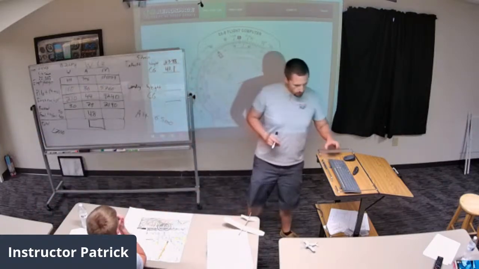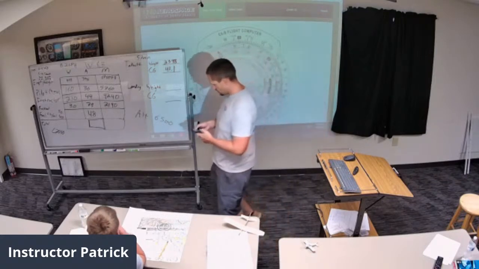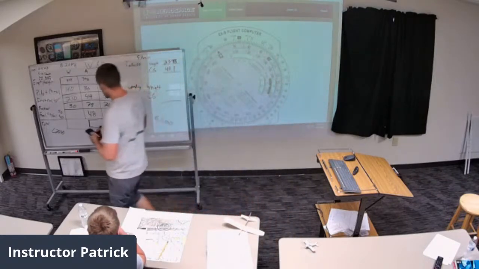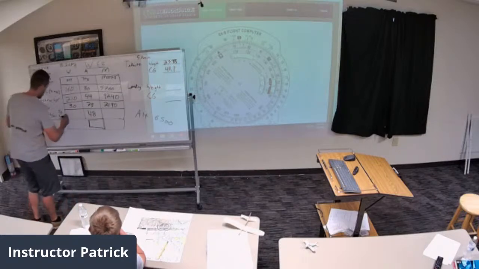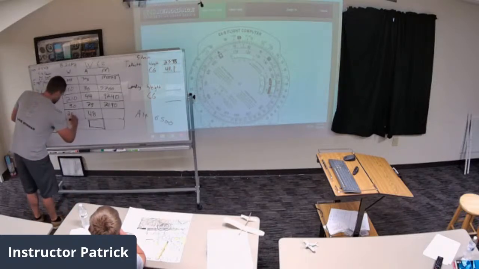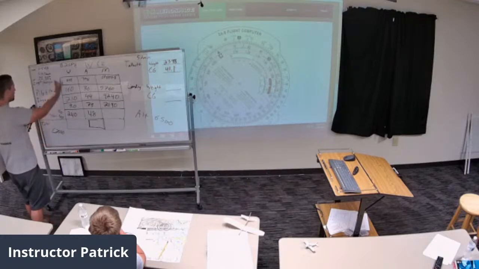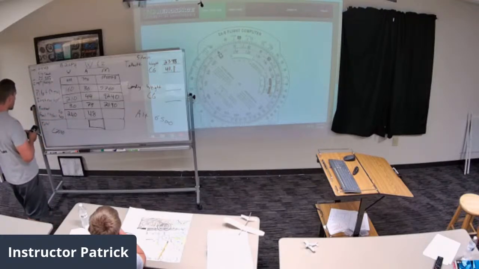All right, let's get our trusty calculator back. And so for our new 40 gallons times 6 pounds per gallon, that's now 240 pounds. All right, so let's add up all that.